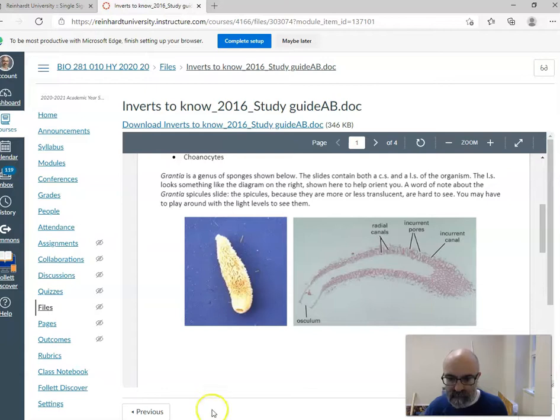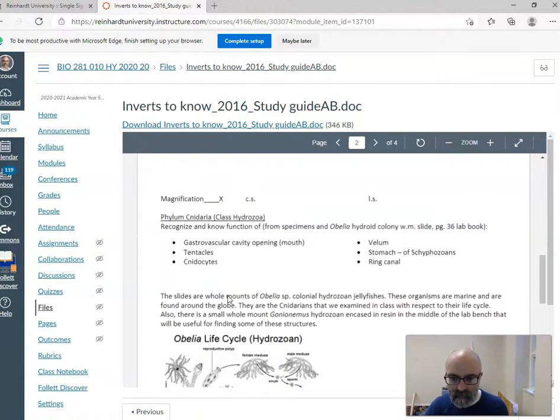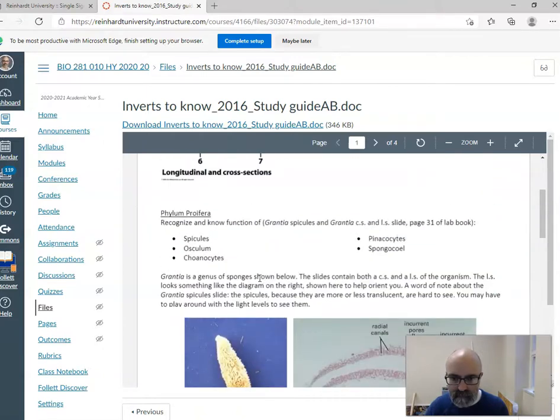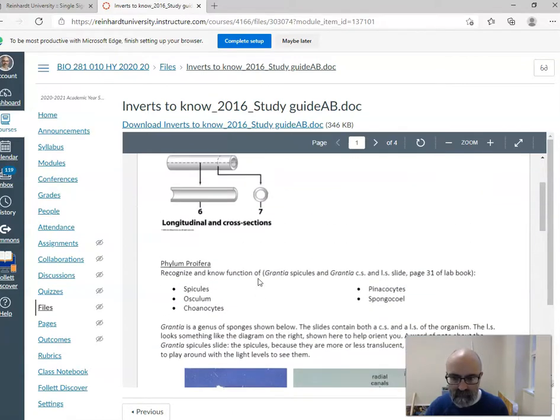So going back to our study guide here, we're looking at the spicules. This is on a separate slide. You won't be able to see the spicules in the Grantia slide. The osculum is the opening to the spongiocele.